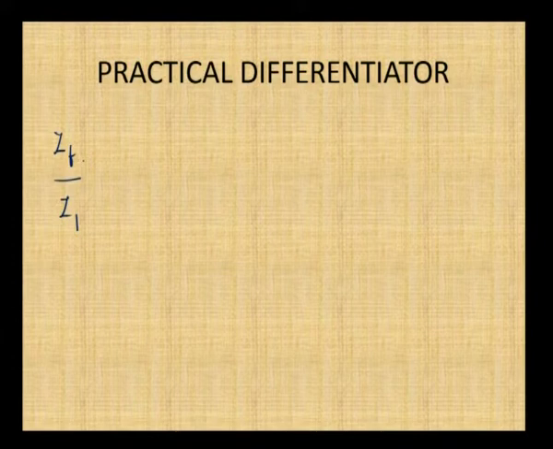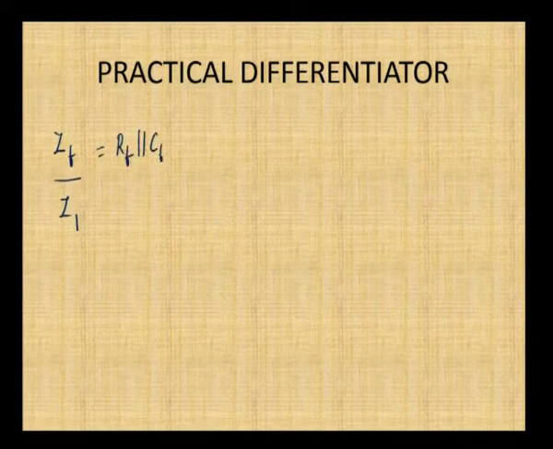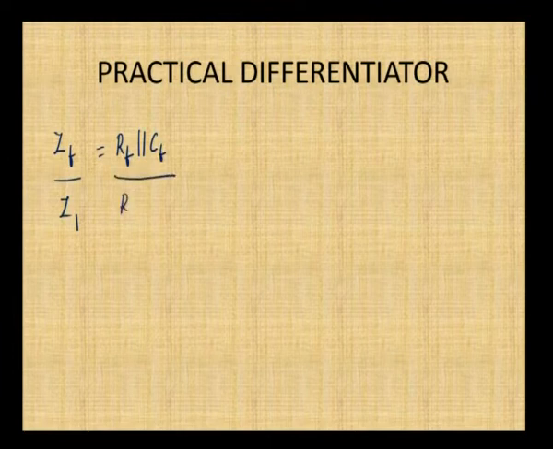So, what is ZF? That is the parallel combination of the resistance and the capacitance, and Z1 is the series combination of R1 and C1.